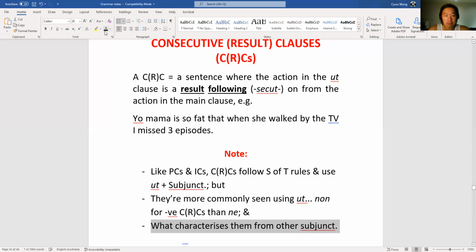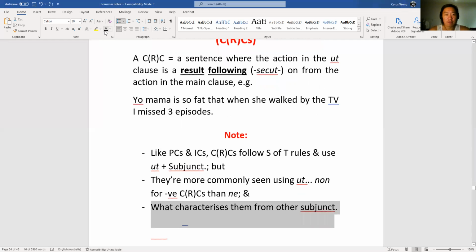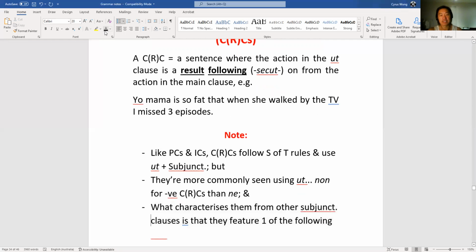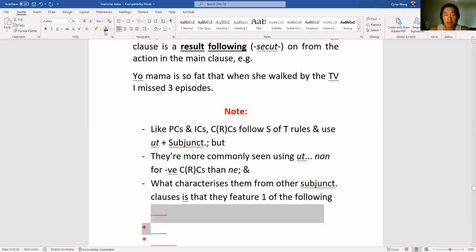And what characterizes them from other subjunctive clauses is that they feature one of the following. Just like indirect commands, where the main verb was a commandy type verb, introduced by, for example, I ask, I beg, I order, I persuade, etc., you will always find one of these words in the main clause.